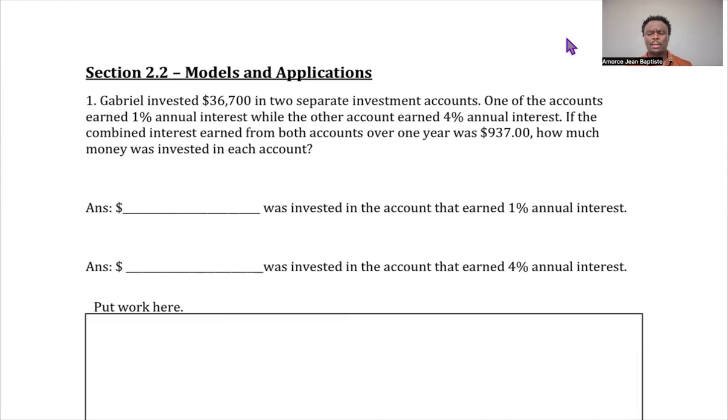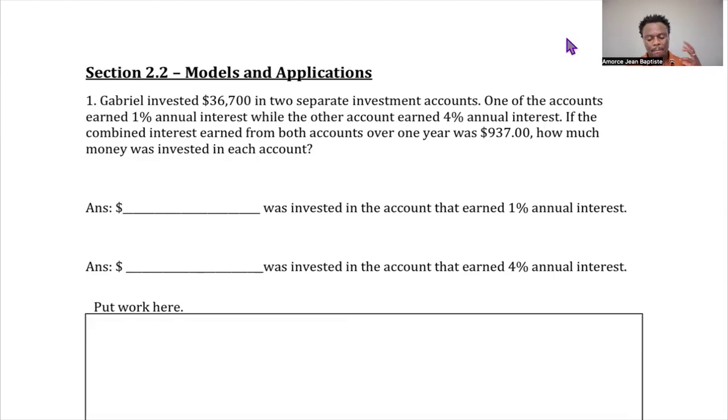So let's read this problem to see what they are talking about. They say that Gabriel invested $36,700 in two separate investment accounts. One of the accounts earned 1% annually, while the other account earned 4%.